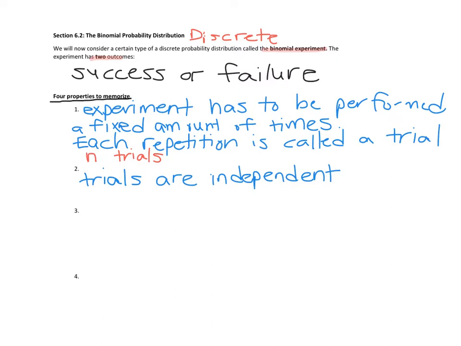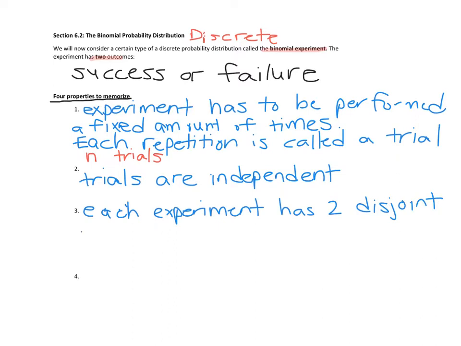The next thing is what we were just saying at the top: each trial has 2 disjoint outcomes, success or failure. And again, that's determined by the researcher in the context of the problem.